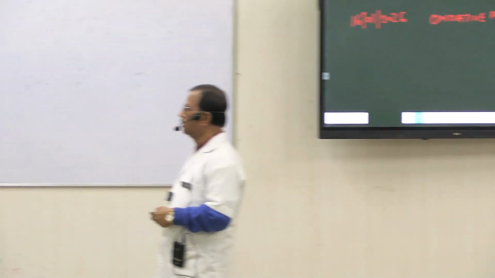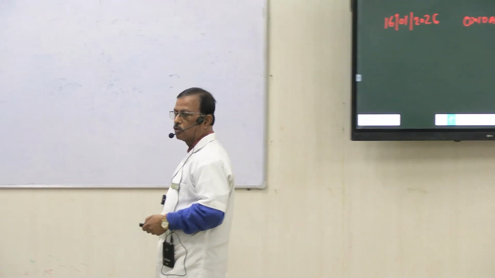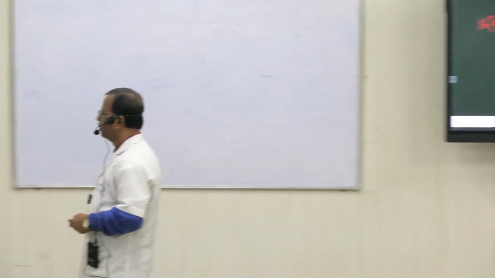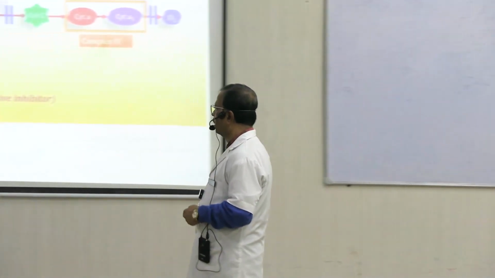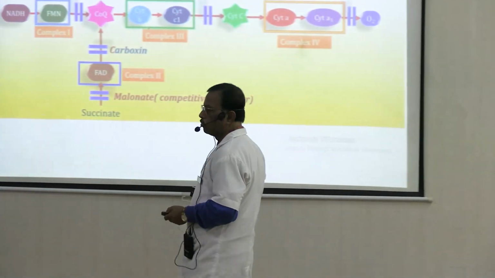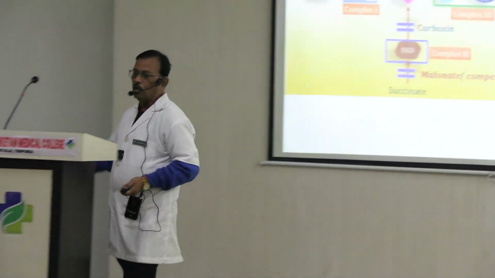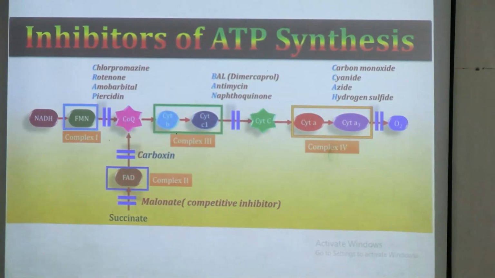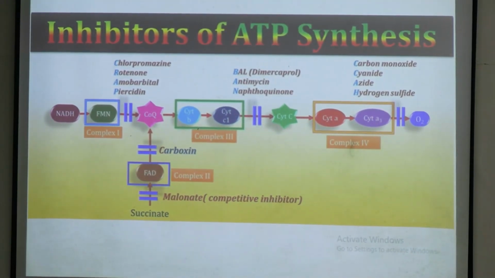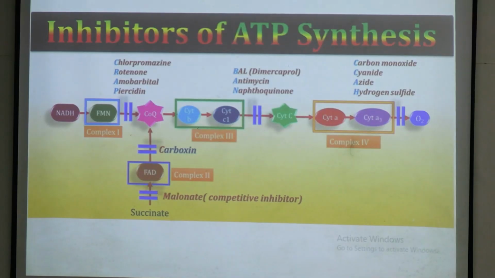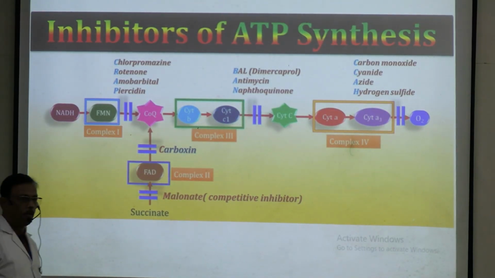Likewise, the electron transfer is blocked from cytochrome B to cytochrome C1. Then complex 4: carbon monoxide, cyanide, azide, hydrogen sulfide.